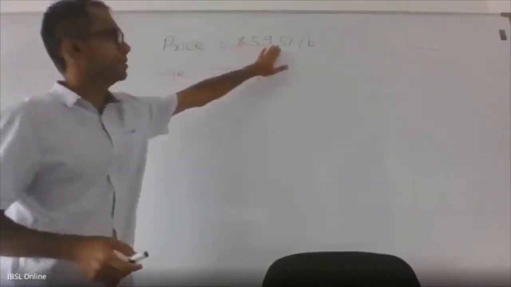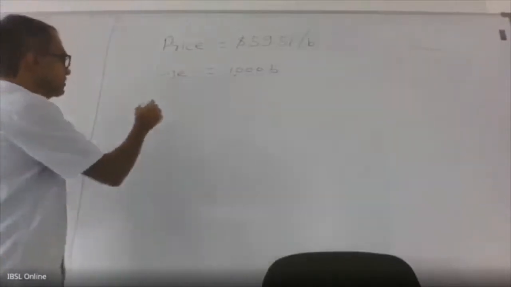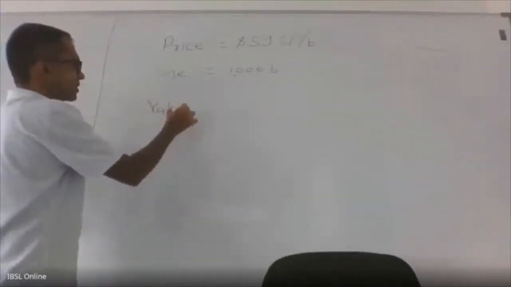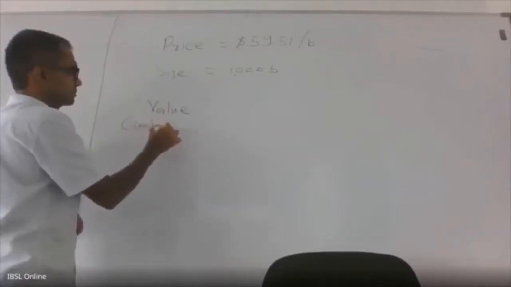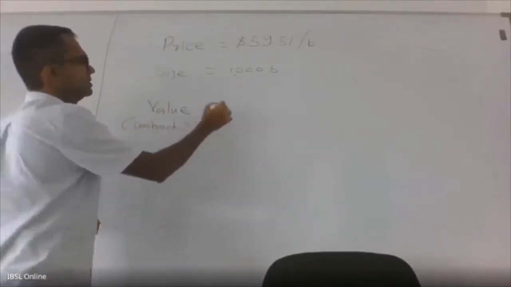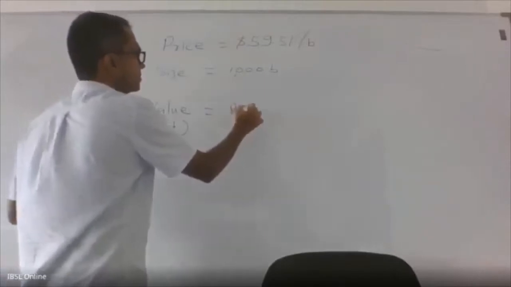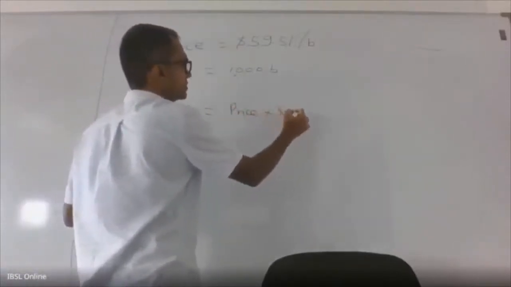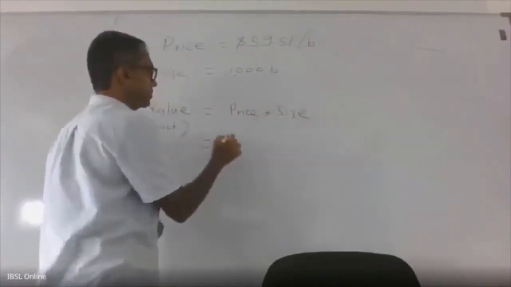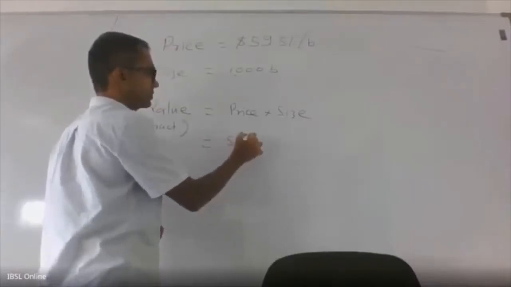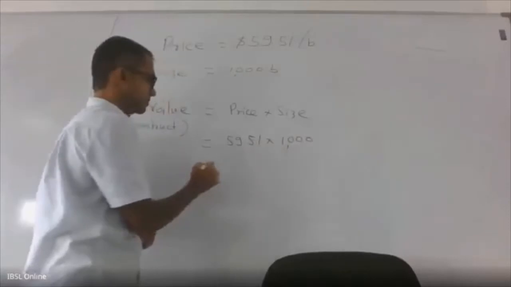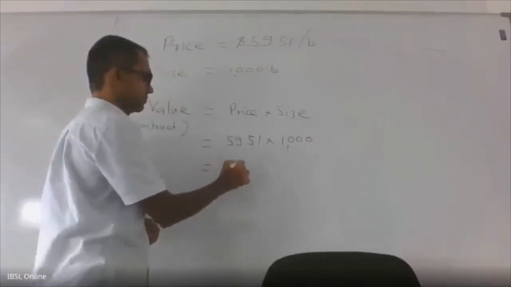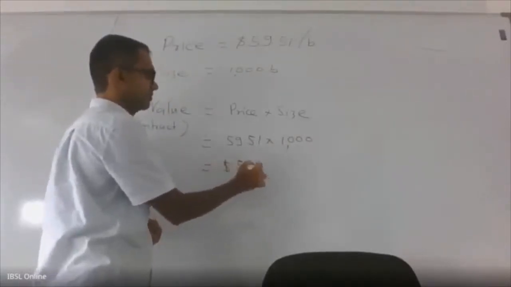Price is 59.51. So what is the value of the total contract? That means price times size. Price is 59.51, size is 1,000 barrels. So 59,510.